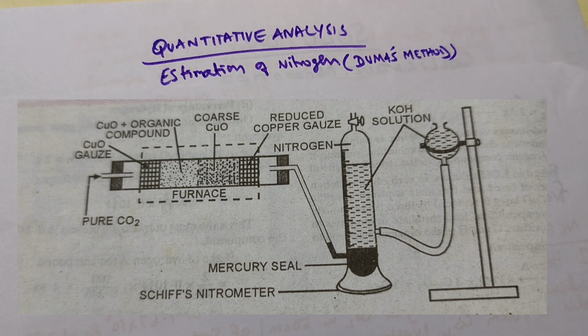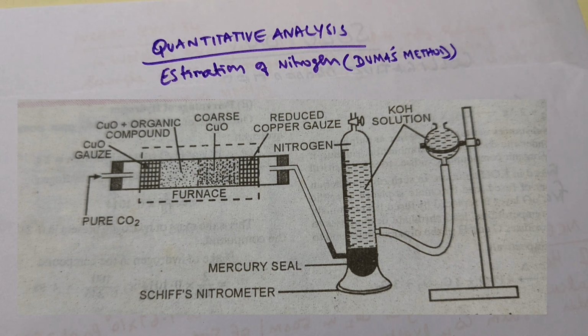I will first explain the apparatus. There are three things: one is a carbon dioxide generator, another is a combustion tube, and the third part is a Schiff's nitrometer. These are clearly explained in the diagram as shown in the figure.